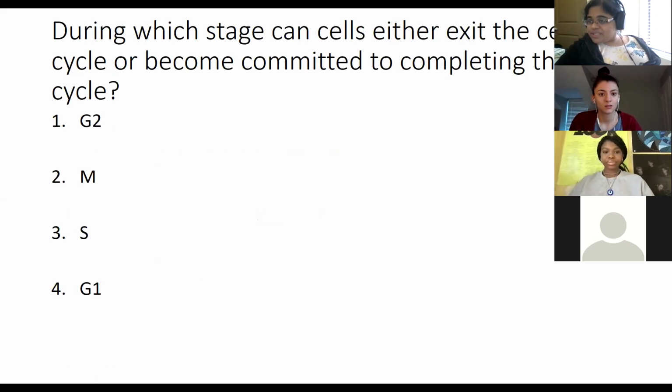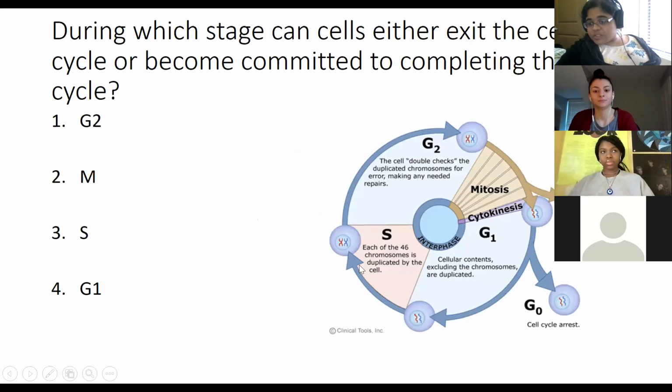So I realized I made an error last week with this question. Which stage can cells either exit the cell cycle or become committed to completing the cell cycle? I accidentally said it was the S phase. In the S phase, it's committed to cell division at that point.